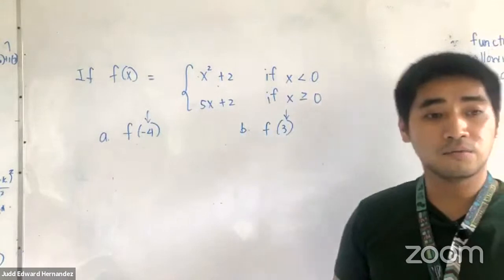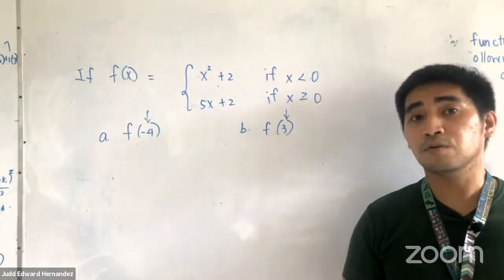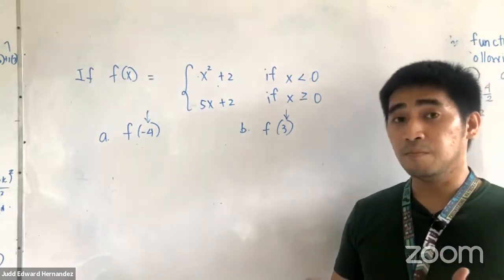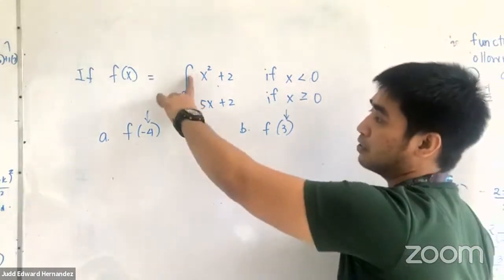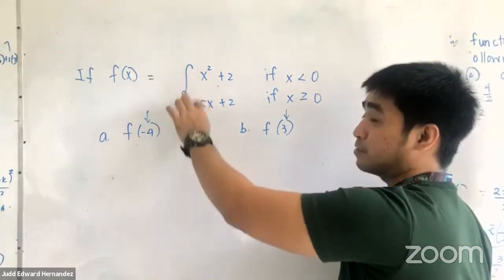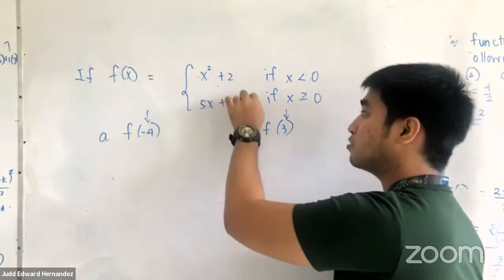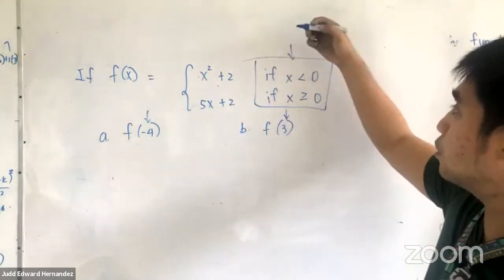But what equation are we going to use? Always remember, for a piecewise function, we could not use both equations for the same number. We could only use -4 for just one of these functions, the one whose condition it satisfies. So this is our condition.